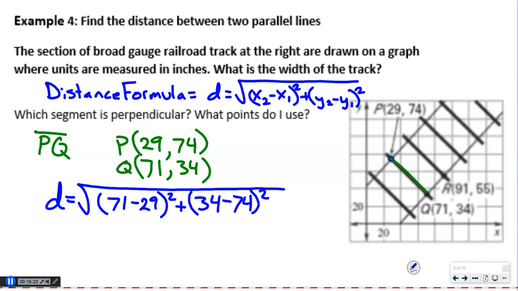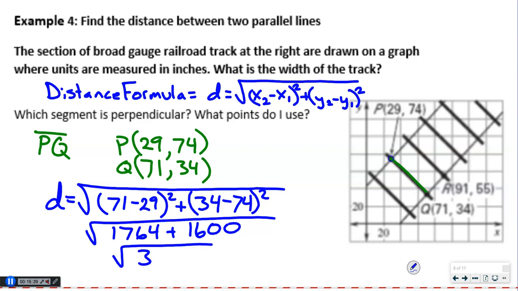So subtract those and then square them, and we get 1,764 plus 1,600. So that's added together, 3,364. Square root of that, if you punch it into your calculator, actually comes out to be 58. And we're told we're dealing in inches. So 58 inches.